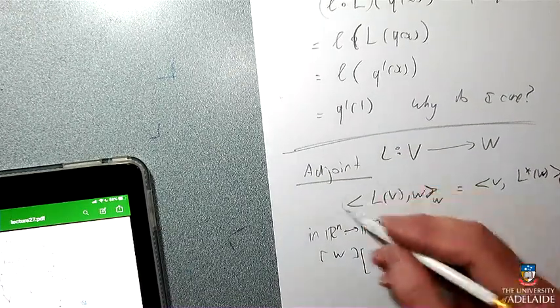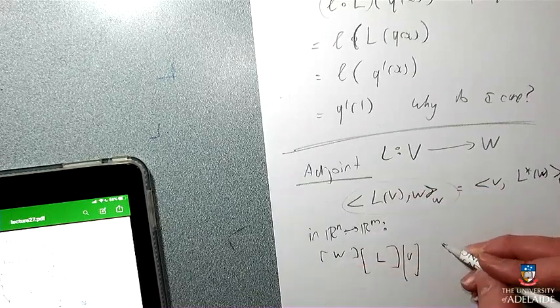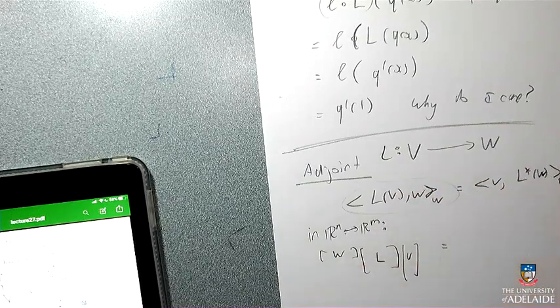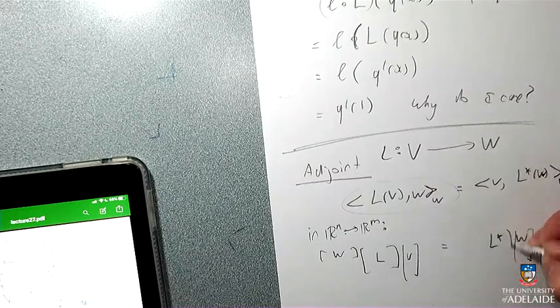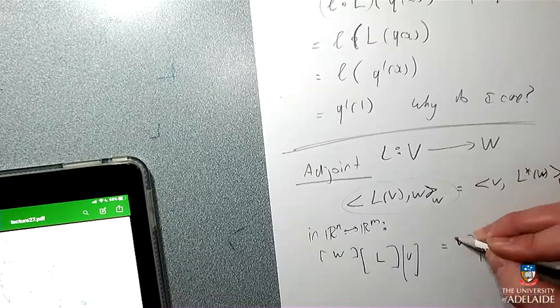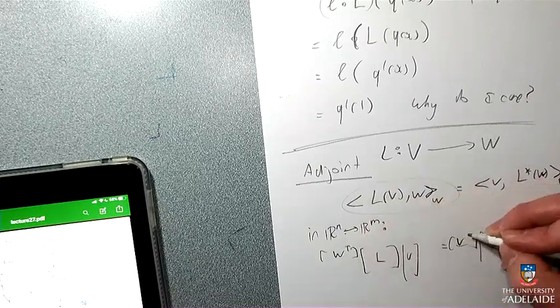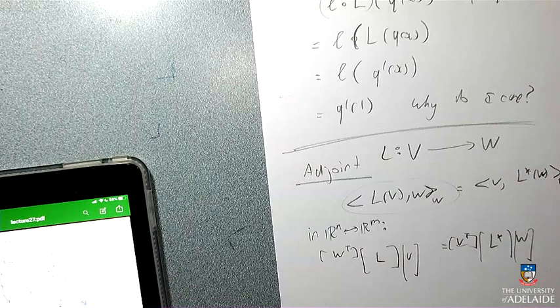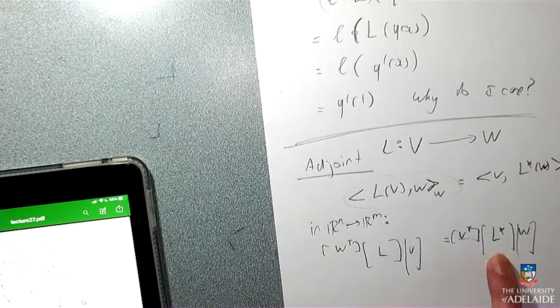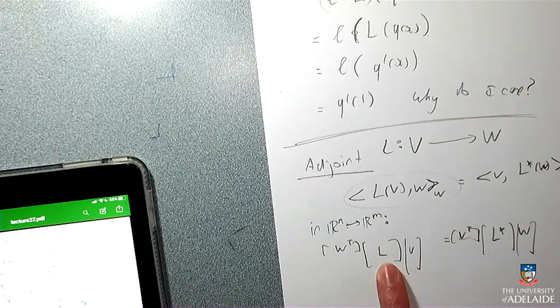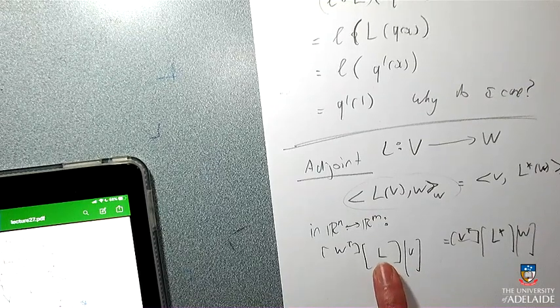And they're saying it's the same thing as doing L of W, so the W is on this side, and putting the V as a row here. And so this L star would have as its matrix L transpose in the traditional dot product.